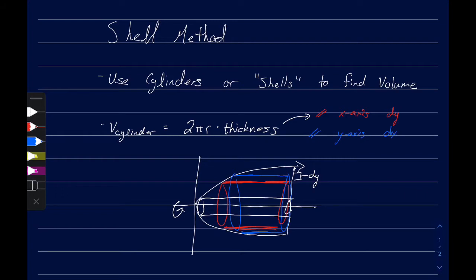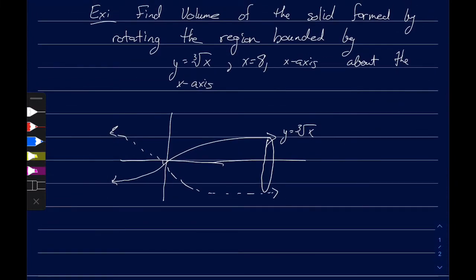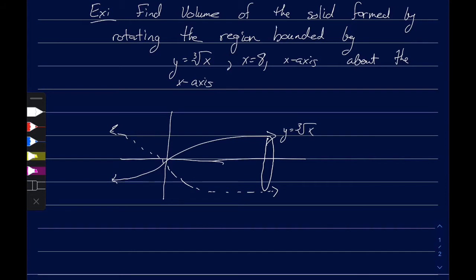So the shell method is used for things that have really nasty x integrals, but fairly nice y integrals. So let's take a look at an example. And we'll start with the shell method. And in this case, but not all cases, we can actually use the disk method as well. And we'll compare it and we'll see that we get the same answer.